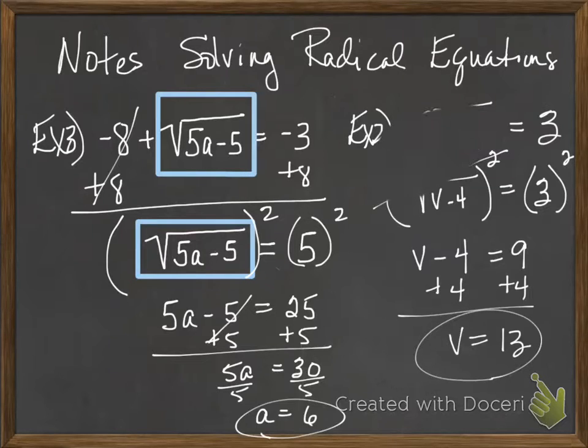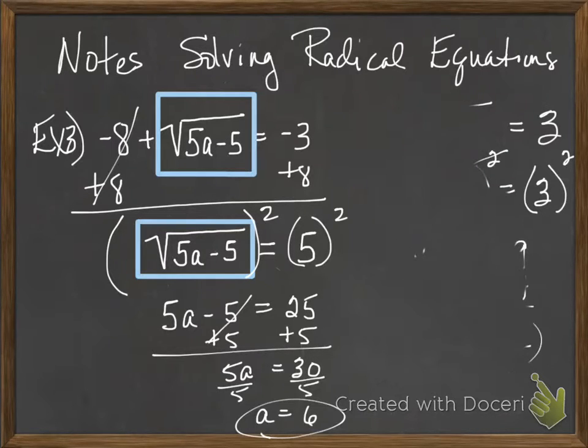Alright, example 4. Here's another problem that starts out where the square root is not by itself.